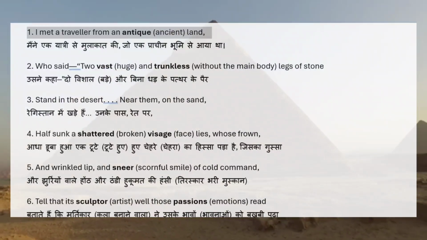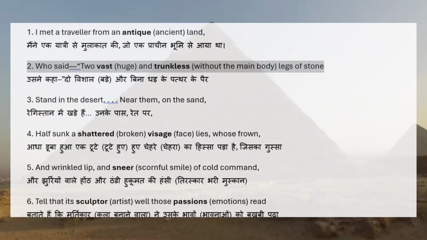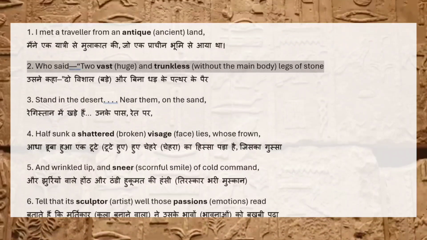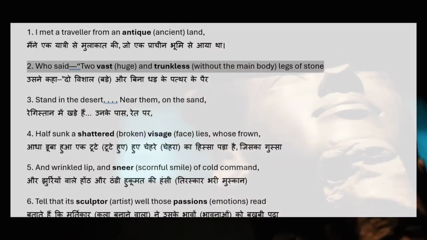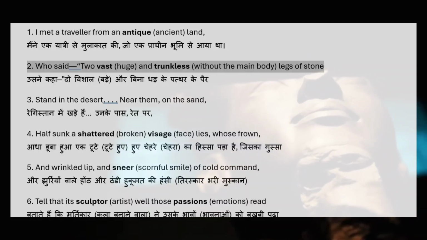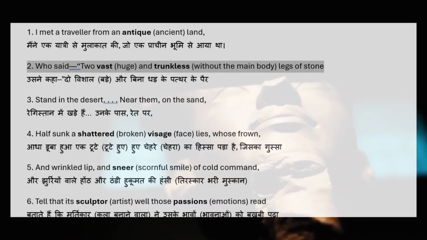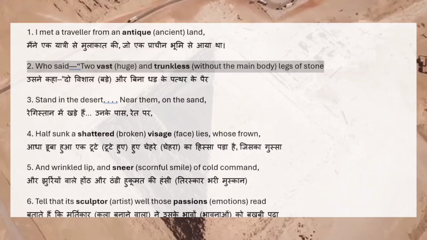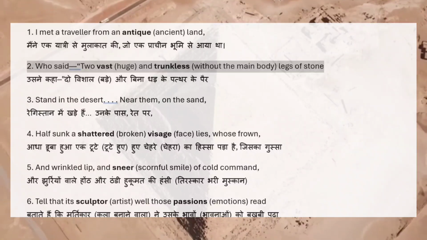Line number 2. Who said two vast and trunkless legs of stone. The traveler describes a statue with vast and trunkless legs, large legs without a torso, standing alone in the desert. This image hints at something once grand, now reduced to fragments, suggesting a powerful figure whose body has deteriorated over time.